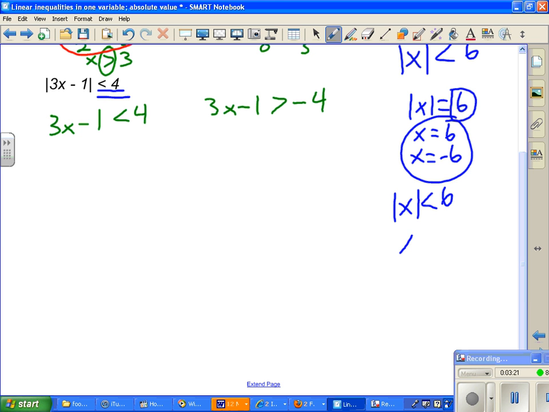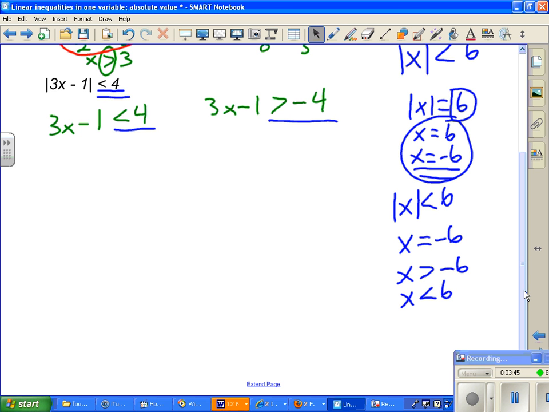But if x equals negative 6, I can't use less than, because that would be like negative 7, negative 8, negative 9. The absolute value is not going to work, so I have to use greater than negative 6. So those would be my two equations. X is less than 6, x is greater than negative 6. That's the logic for why this happens.